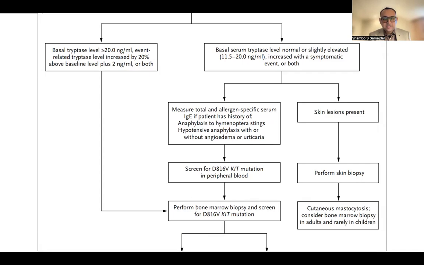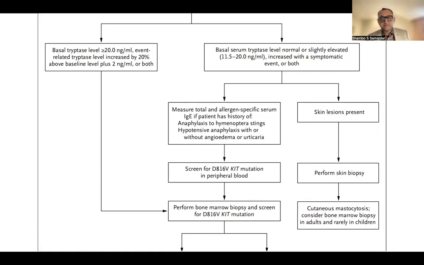So measure total and allergen-specific serum IgE. If the patient has a history of anaphylaxis to Hymenoptera stings, hypotensive anaphylaxis documented with or without angioedema or urticaria, if it is there, we also need to plan for screening the D816V KIT mutation in peripheral blood.